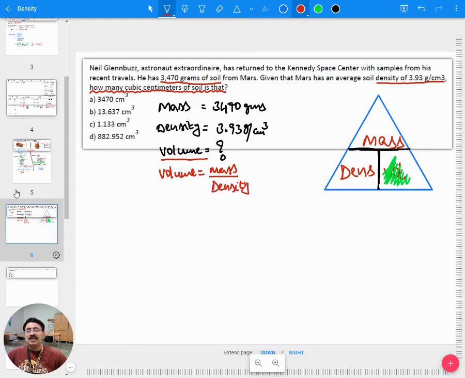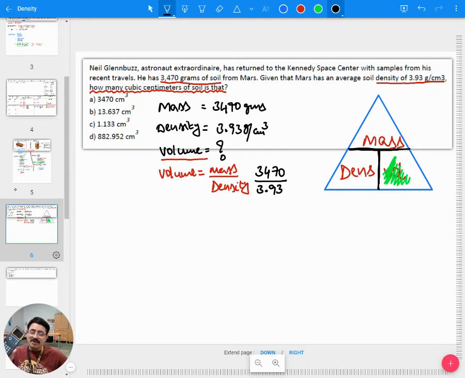Now just plug in these values. Mass goes here to the numerator, and density goes to the denominator. As simple as that. Therefore, 3,470 divided by density, which is 3.93. You know what to do.